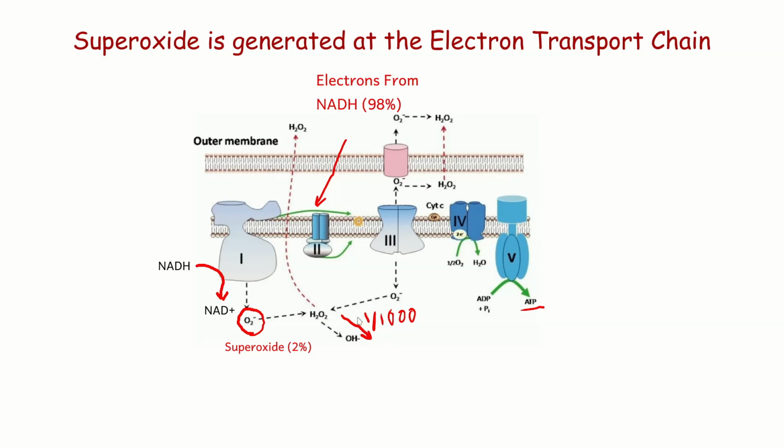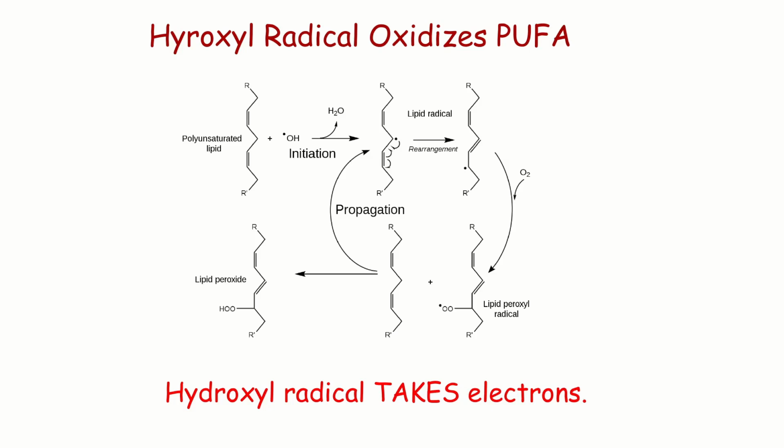But some small percent, I've drawn 1 out of 1,000, that's probably not remotely accurate, but some very small amount of this hydrogen peroxide gets converted to something called OH minus or OH dot, and that is called the hydroxyl radical. And that thing is very reactive and does absolutely cause damage. This is the hydroxyl radical oxidizing PUFA.